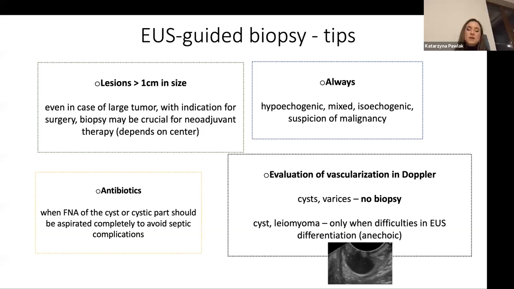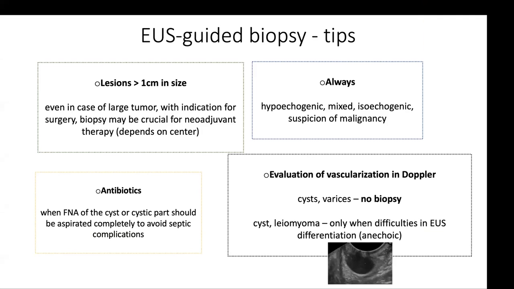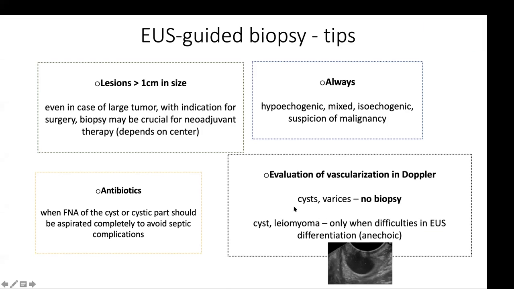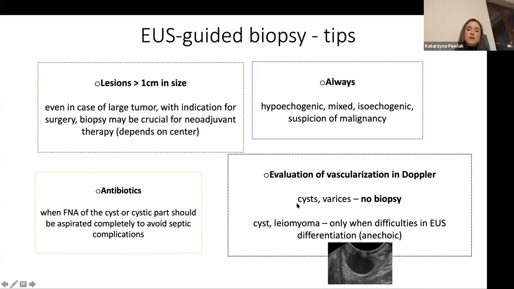malignancy. And we should administer antibiotics, especially when we have a cystic lesion or a solid lesion with cystic components. You should also remember about the Doppler examination before the EUS guided biopsy to check the surrounding vascularization, but Doppler can also exclude lesions which should not be referred for biopsy, like cysts as well as varices.